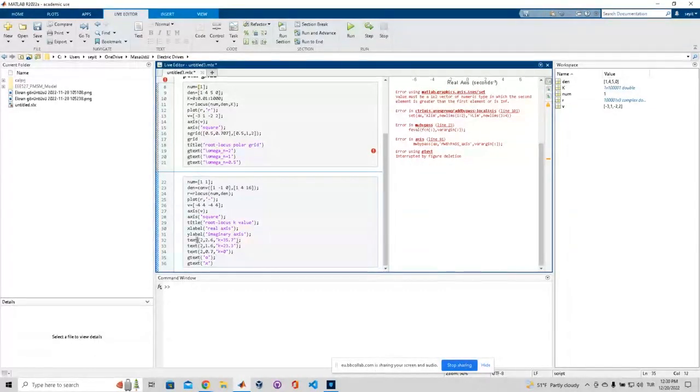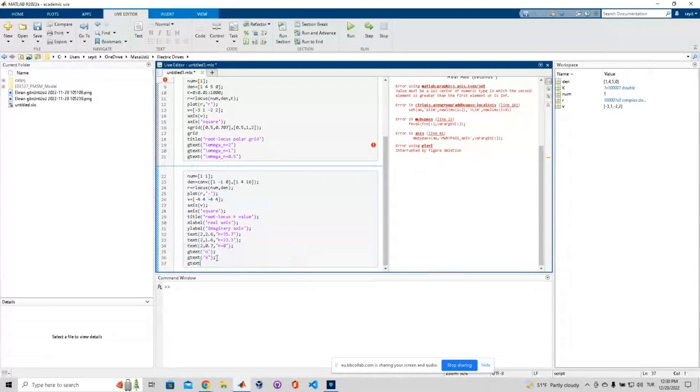So the first gtext will show us our zeros, and the second gtext will show us our poles for the K equals 23.3 value, and for the last one, for K equals 0, we can define our X for the poles.